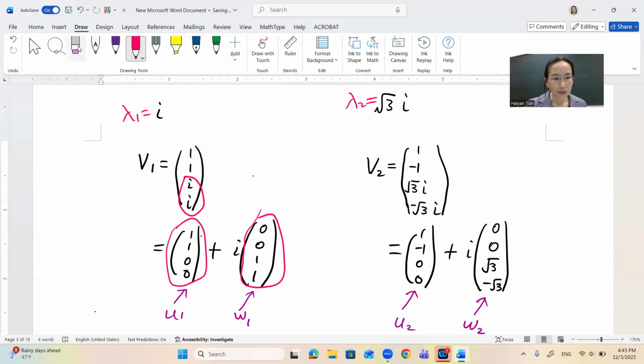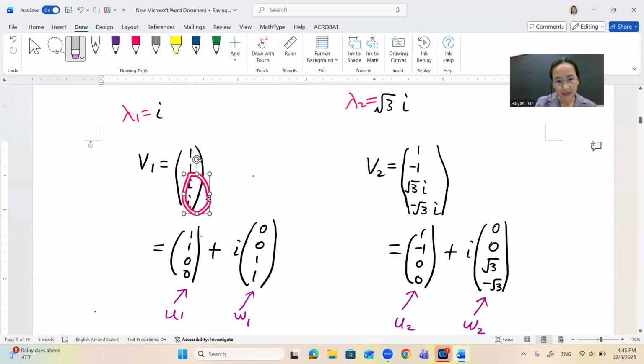Yeah, so in the complex eigenbasis theorem we call them U1, W1 respectively. So that's our notation for the real and imaginary part of the v1 eigenvector.